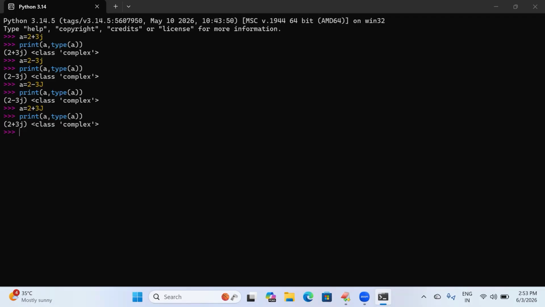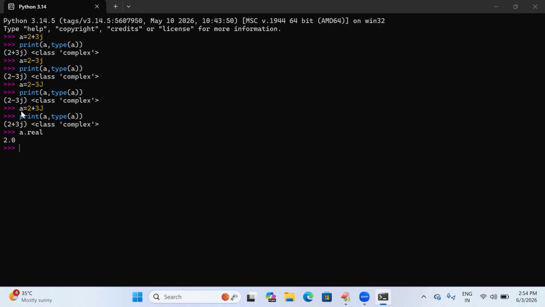Complex object means this is a complex value which is stored in one object. This object is known as a complex object. So we have to write A dot, complex object dot. To print the real part, we write real. If I execute this statement, see, we gave 2, but internally Python treats complex values in the form of floats.